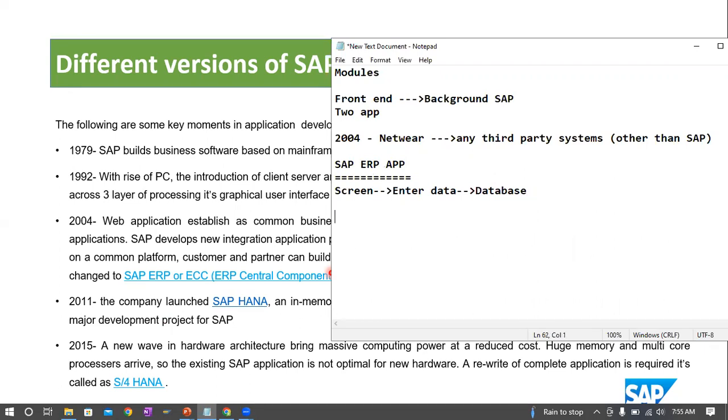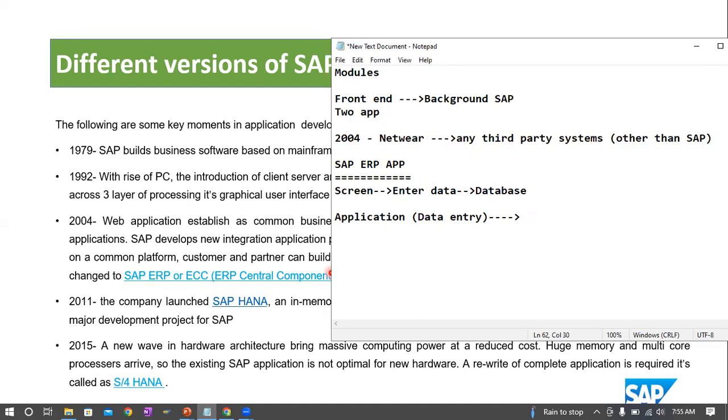So previously, before 2011, SAP had only the application. Application means where you enter the data. Once you enter the data, it goes and is stored in a database.